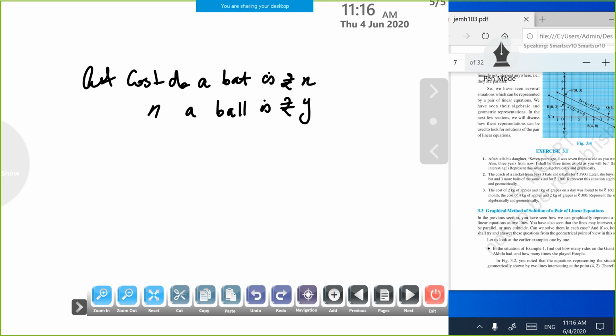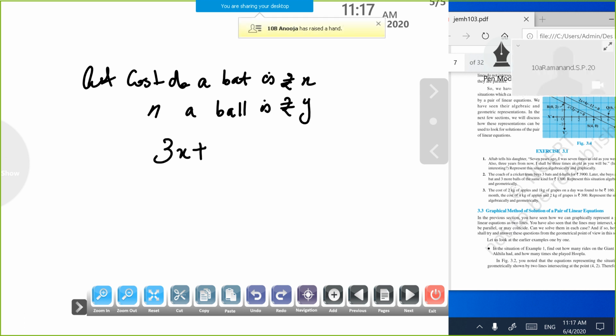Then 3 bats and 6 balls cost, according to our question, rupees 3,900. 3 bats, that is 3x, plus 6 balls, 6y, is equal to 3,900. That is the first situation.